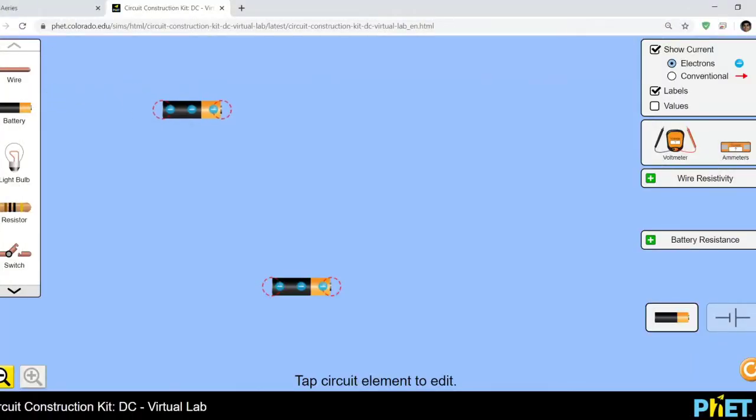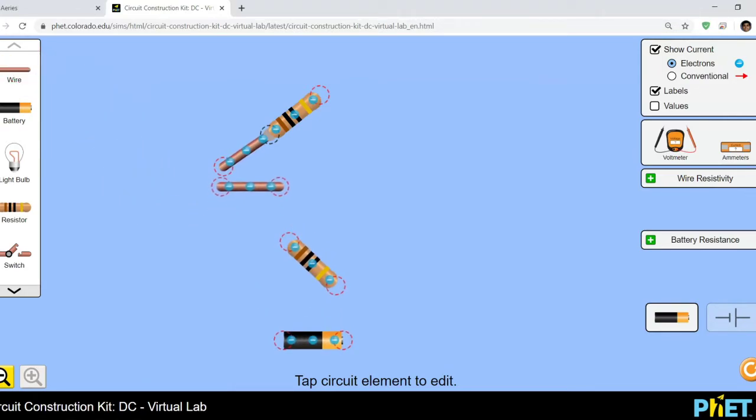I need resistors. Actually, I want to use wires.